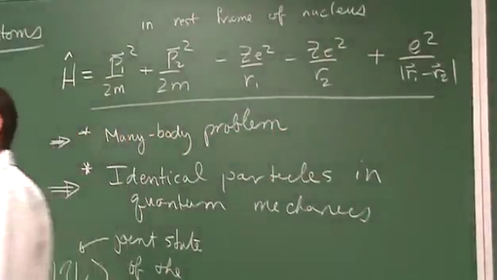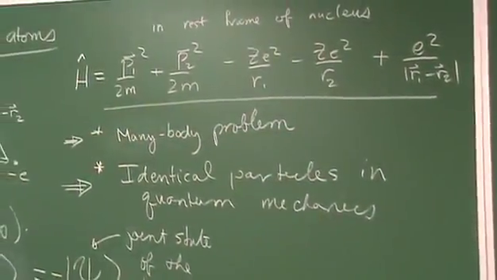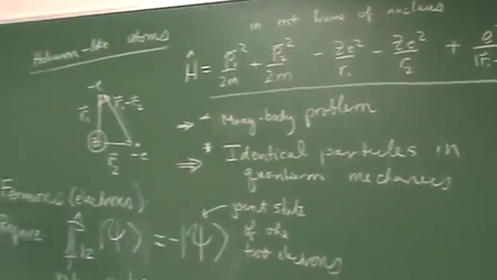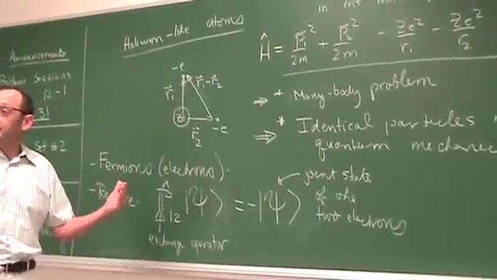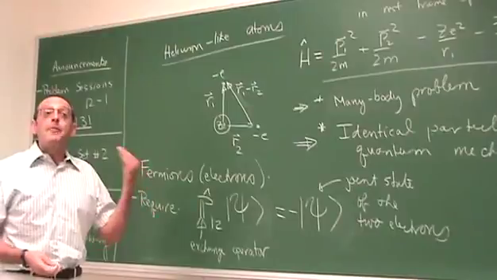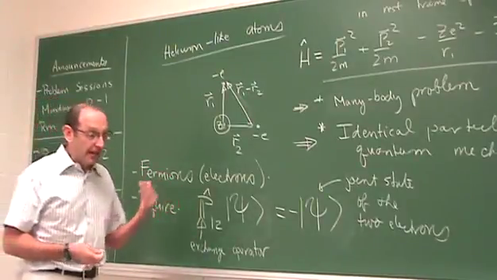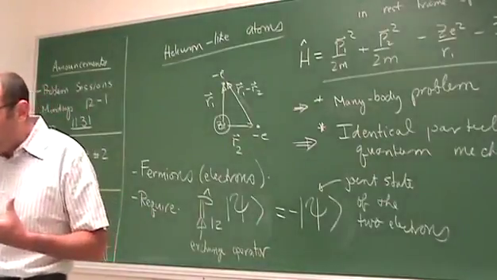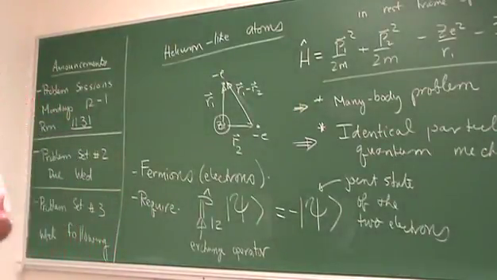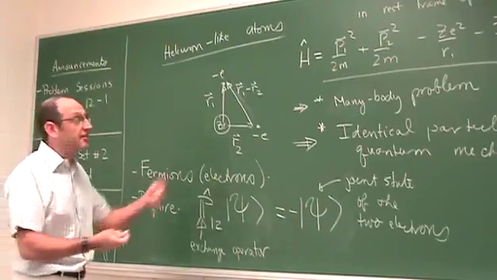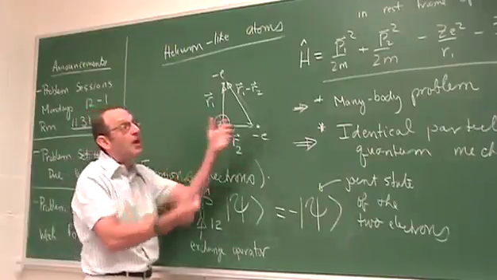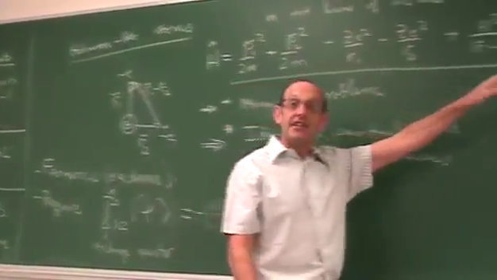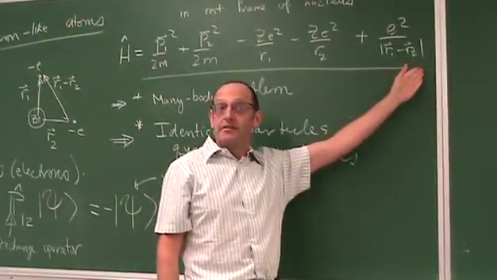But there is a much more profound effect having to do with the identical particle statistics, because the spin state of the electrons profoundly restricts the possible motional states of the electrons. And the motion of the electrons determines where they are and how much interaction there is between the electrons.